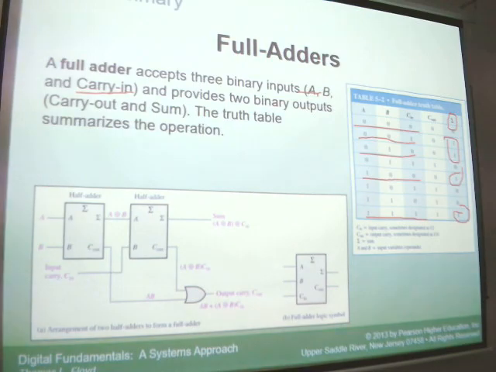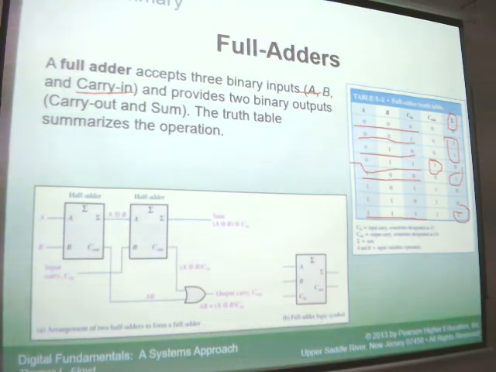If the output is C out, then the first one is A bar B C, right? The first one for C out is 0, 1, 1.